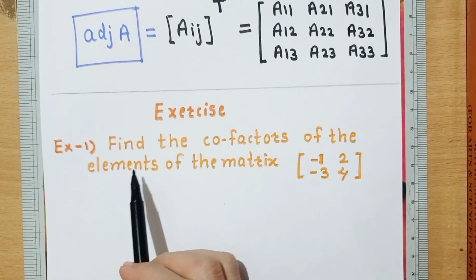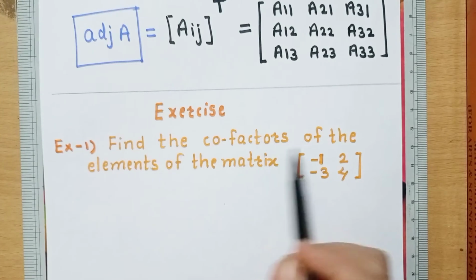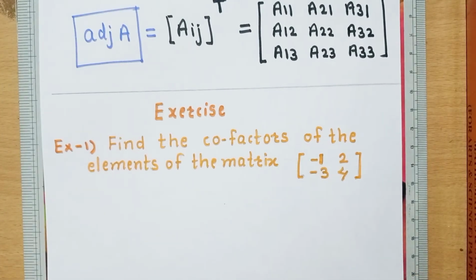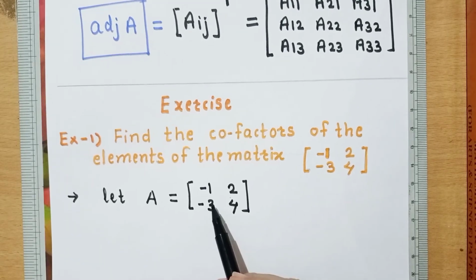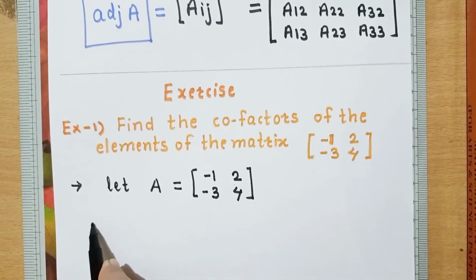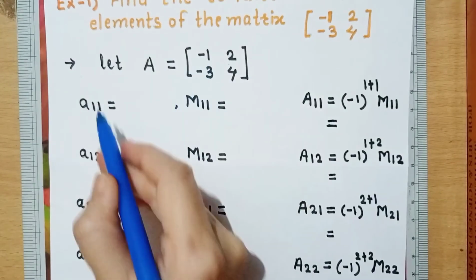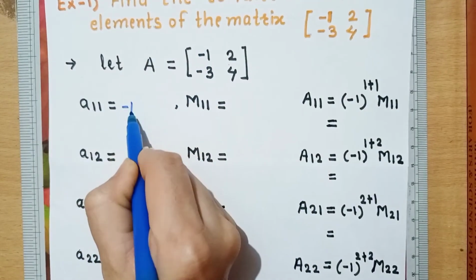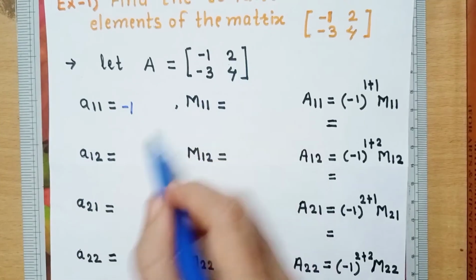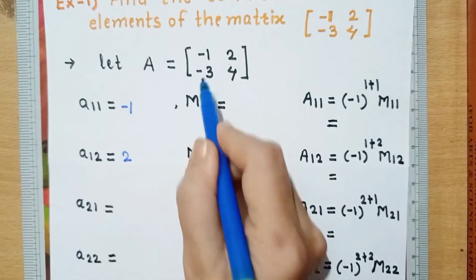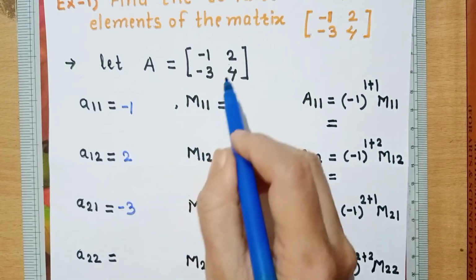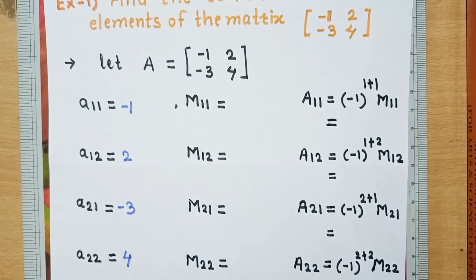This is our first example. Find the cofactors of the elements of this matrix. So first assume this matrix as A. First write down elements here, A11, A12 like this. Now write down elements here. This is -1, A12 is 2, A21 is -3 and this is 4.